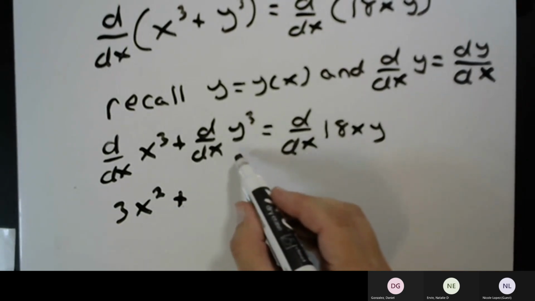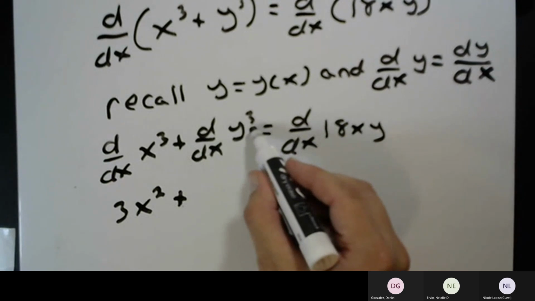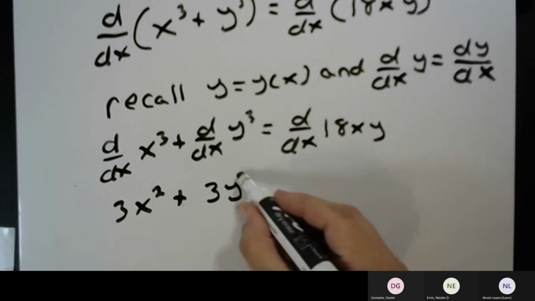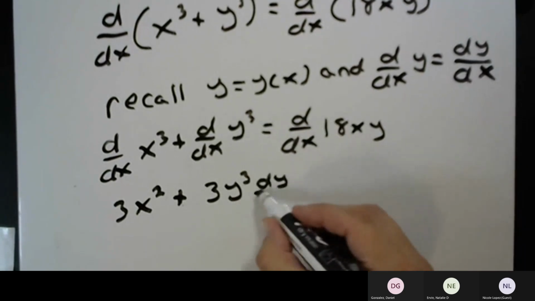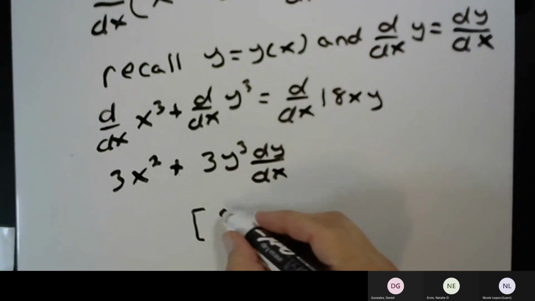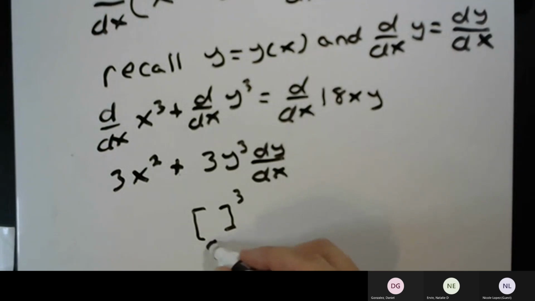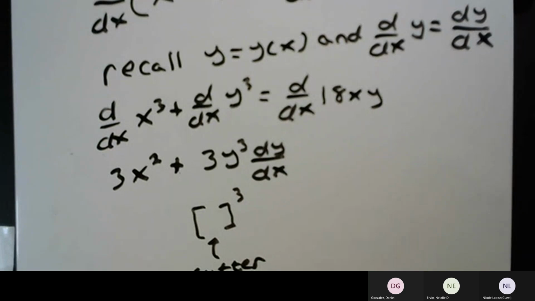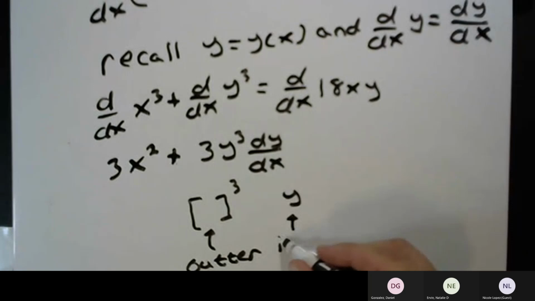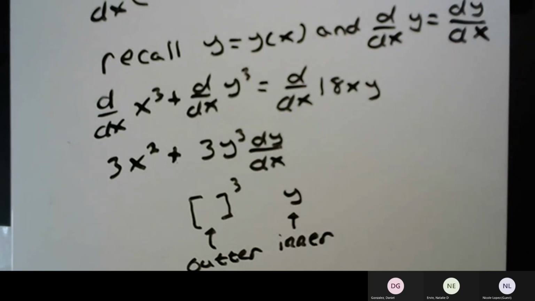This one we have to use the chain rule, where the outer function is the cube, the inner function is the y. So I'll just make a little note. The cubing function is the outer, and then the inner is the y. So that's what we're doing here, and that's how we're applying the chain rule. Hopefully that's a more succinct way of saying that.